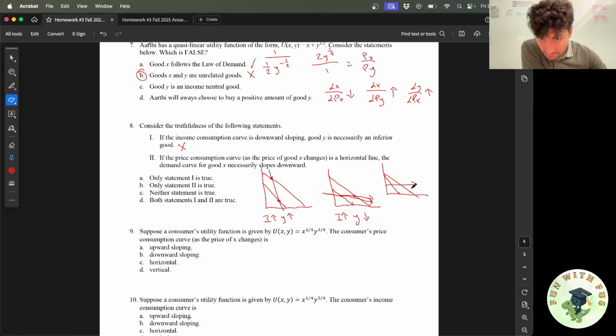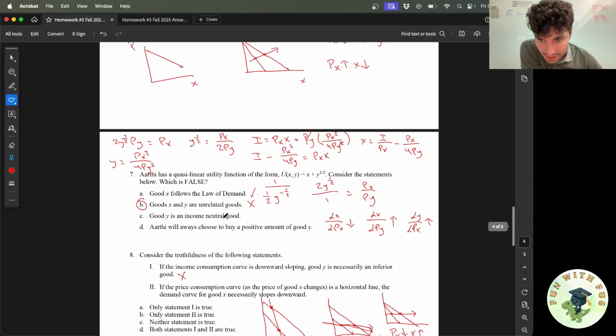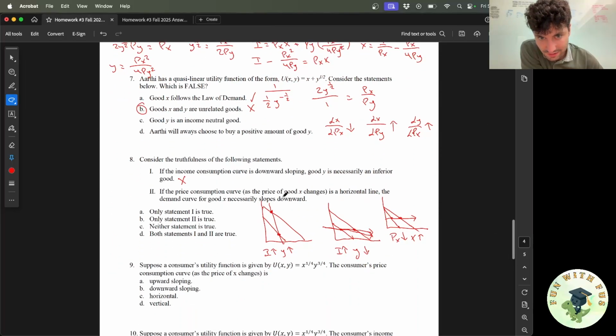So in this case, if price X goes down, then I bought more of X. And if we recall from up here when we were talking about it earlier, this is just by definition. Yes, up here, that it will in fact be downward sloping. This is just defining what a demand curve for good X sloping downward is. That's the law of demand, baby. You've been here before, so I do believe that checks out.